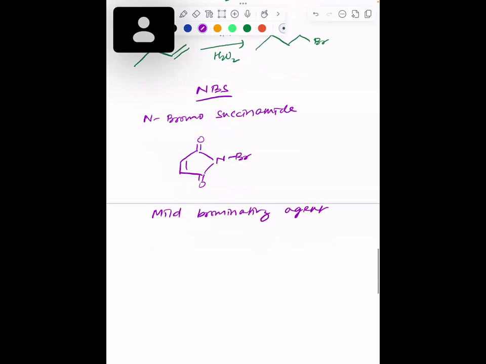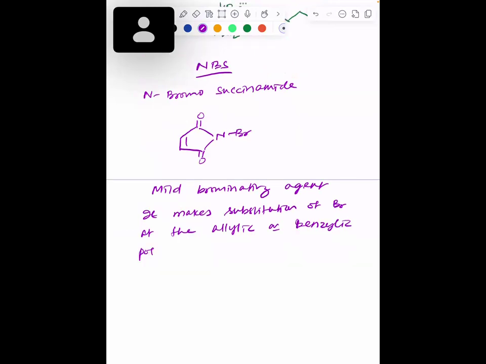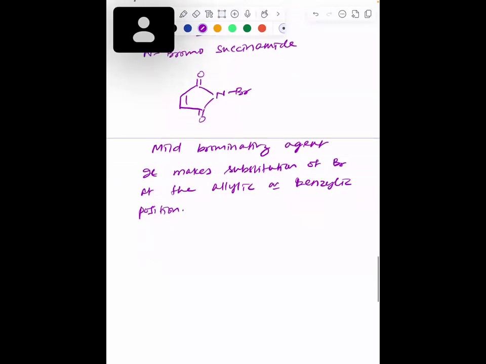Its work is that it makes substitution of bromine at the allylic or benzylic position. It is a mild brominating agent which brominates at the allylic position and benzylic position.